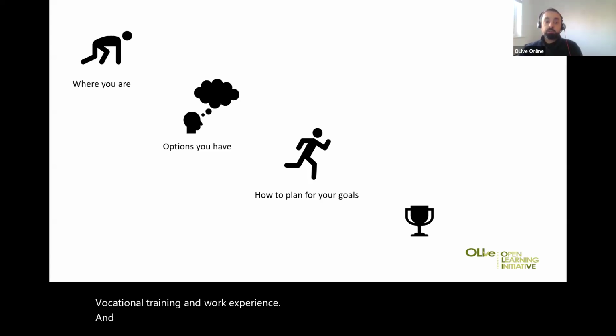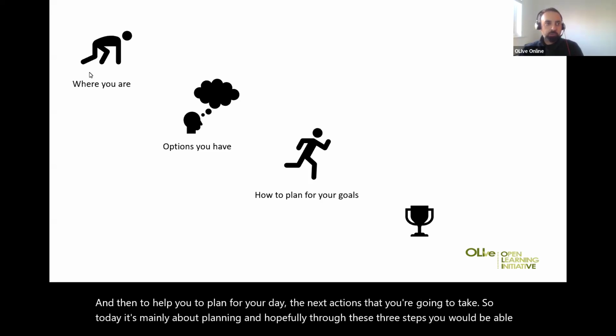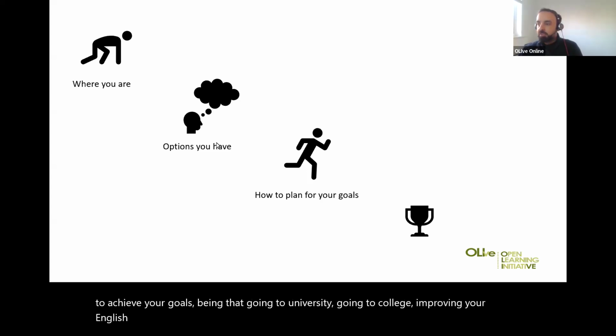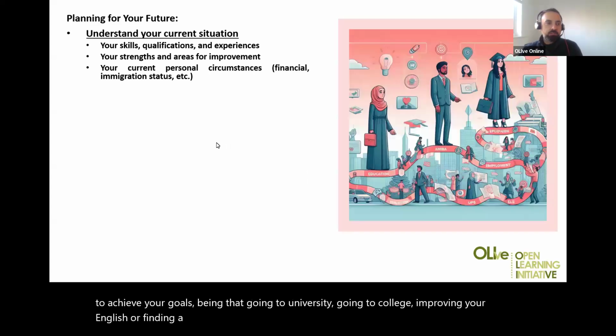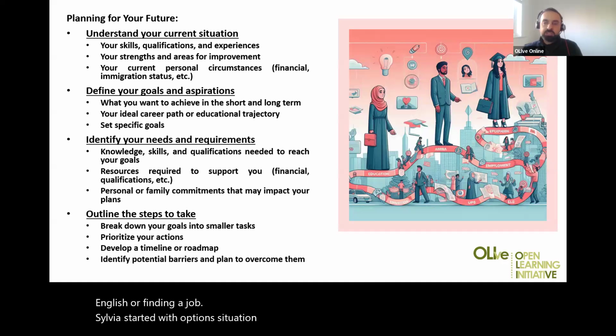And then to help you plan the next actions that you're going to take. So today it's mainly about planning, and hopefully through these 3 steps, you would be able to achieve your goals, be that going to university, going to college, improving your English, or finding a job. So we started with situation, options, and then having goals and the steps that you need to take to achieve those goals.